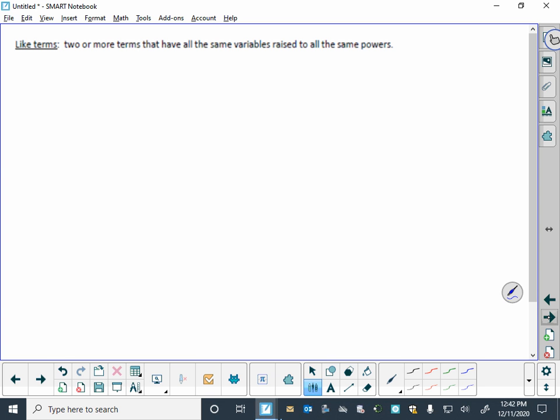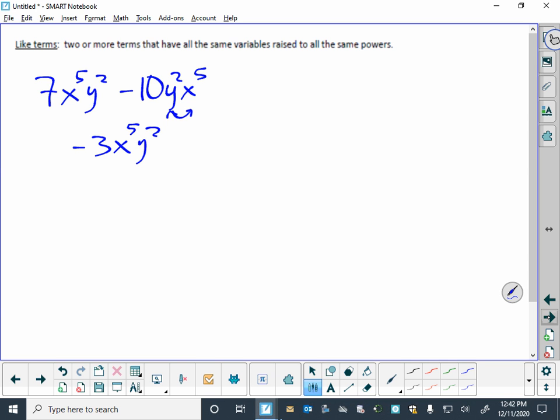So if I see something like 7x to the 5th y squared minus 10 y squared x to the 5th, same variables, raised to the same power. Multiplication can happen in any order anyway, so I could switch these and make it look exactly like that. And so if I have 7x to the 5th y squareds and I take away 10x to the 5th y squareds, I'm left with negative 3x to the 5th y squareds. So those are like terms.